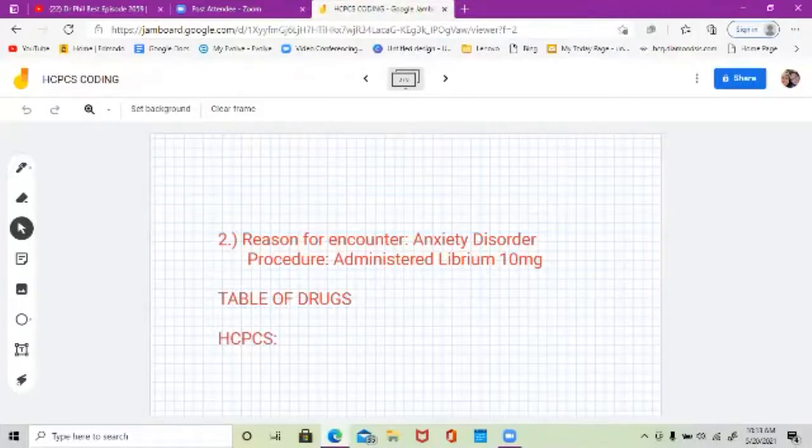Is our table of drugs listed under trade names or generic names? Generic, that's right. So let's look for Librium. It's J1990.